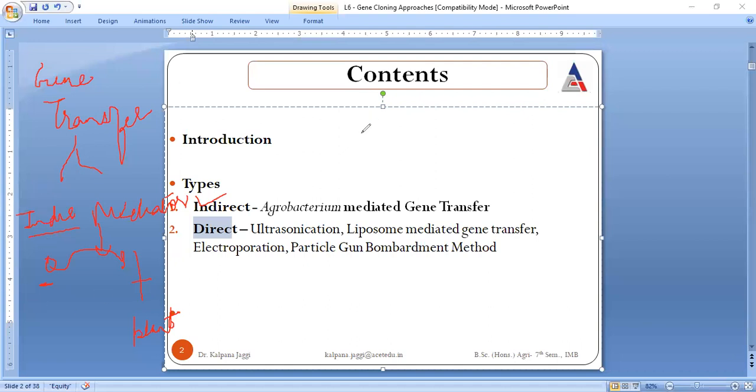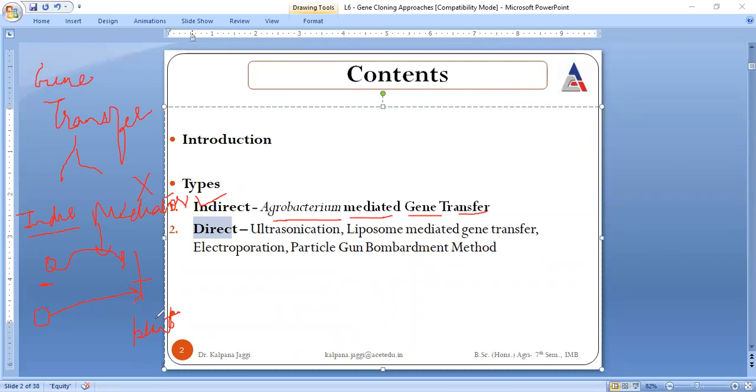And the indirect methodology is basically carried out by a bacterium that is said to be agrobacterium. And because it is carried by the agrobacterium, within the indirect we are going to discuss agrobacterium mediated gene transfer. That means the transfer of the gene is being done by a bacteria, and that bacteria is said to be agrobacterium. Second is what, where we don't need any mediator. This mediator is not required, and the gene can be directly transferred into the plant, right?